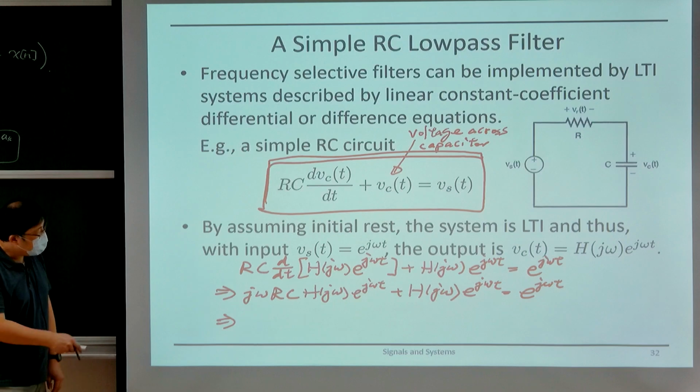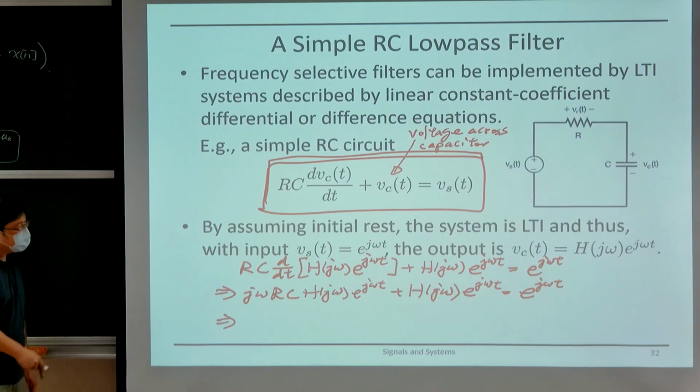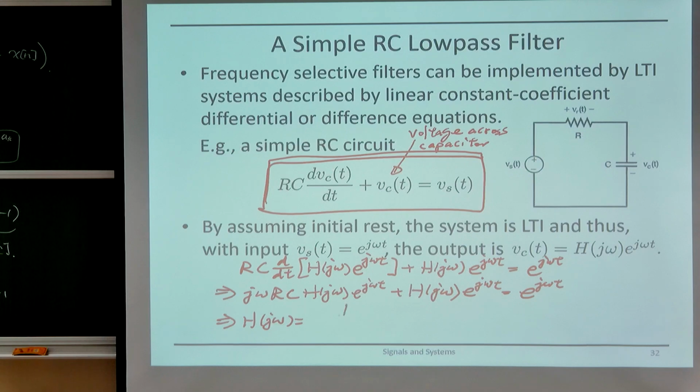Now we can cancel out the common terms, e to the j omega t, right? And then move the terms around. You can find h of j omega equal to 1 over j omega RC plus 1.